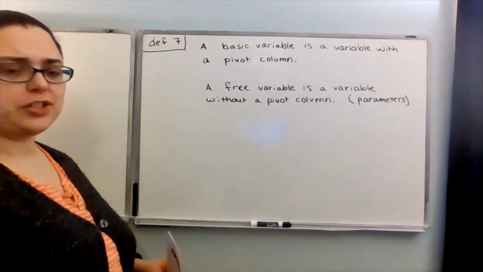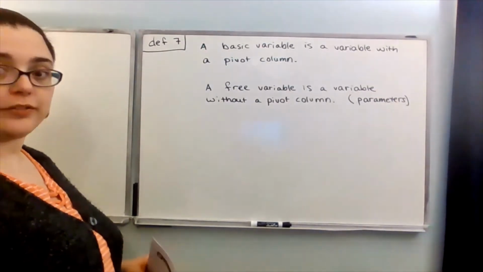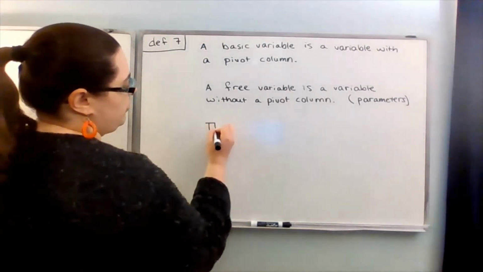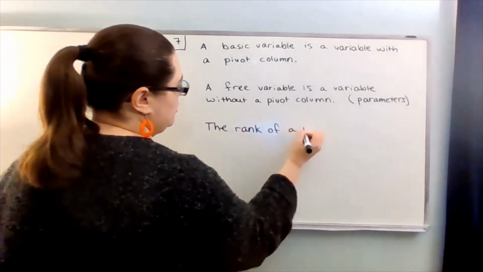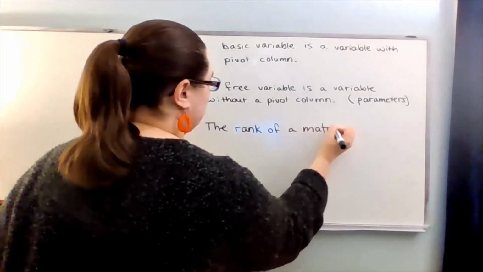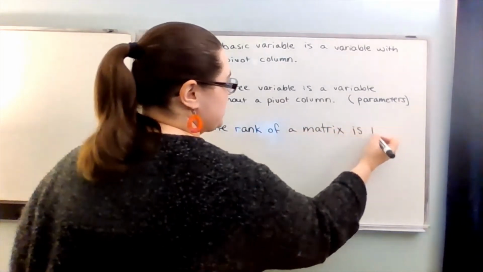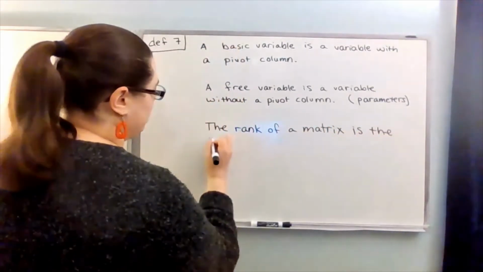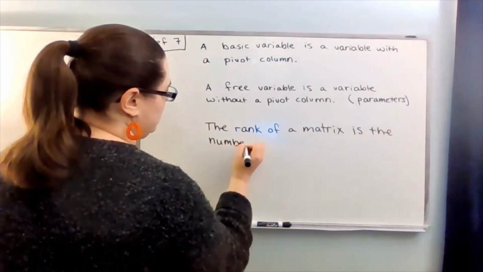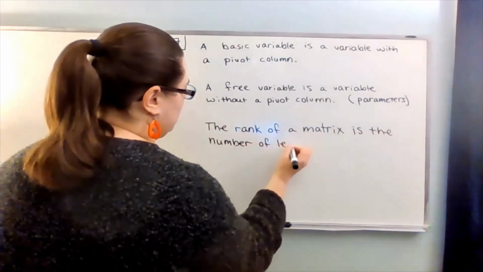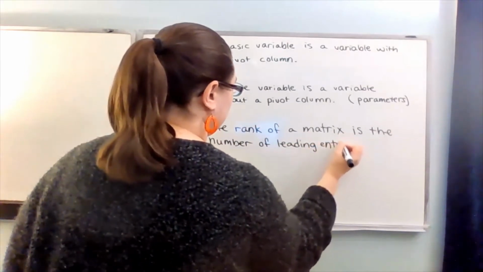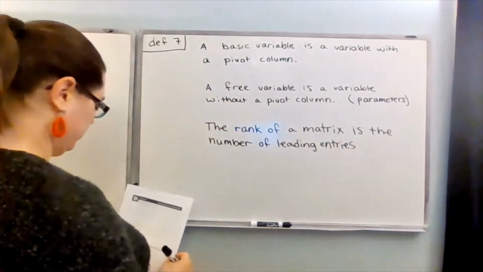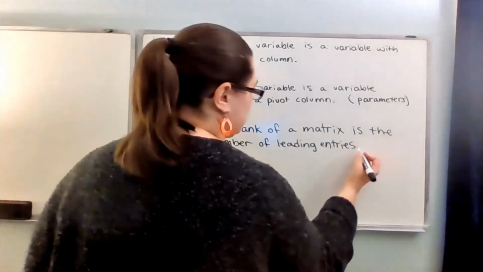And then our third definition is the rank of a matrix. So the rank of a matrix is the number of leading entries in a row echelon matrix.